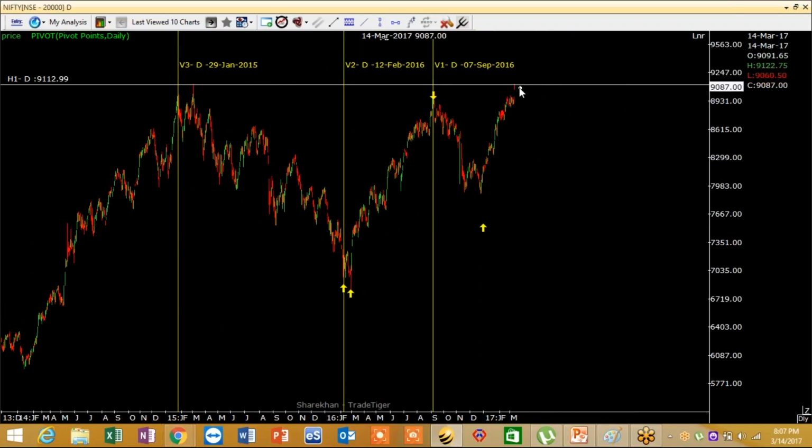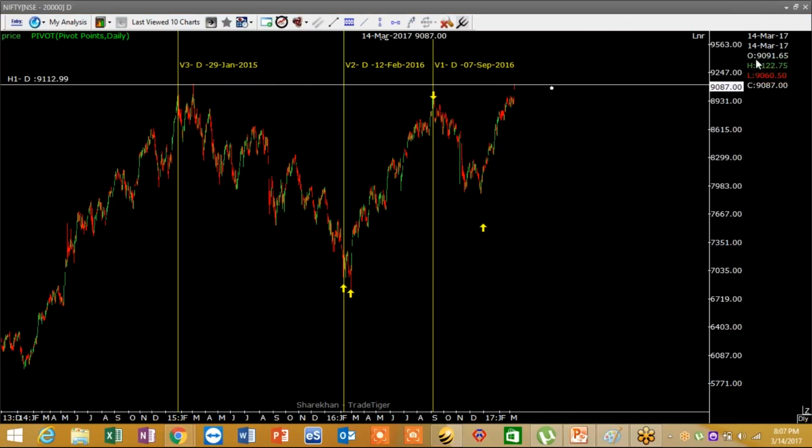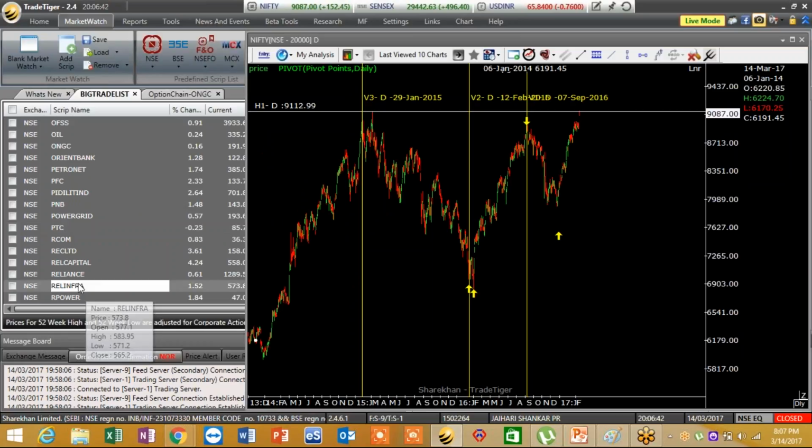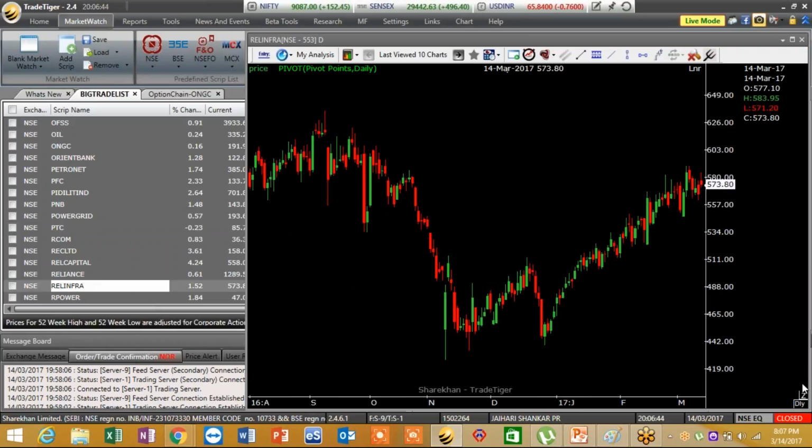So what is the best time frame to work for these types of reversals? It is shorter time frames, I will tell you. Let us see any chart. Reliance Infra, we will see. Okay.